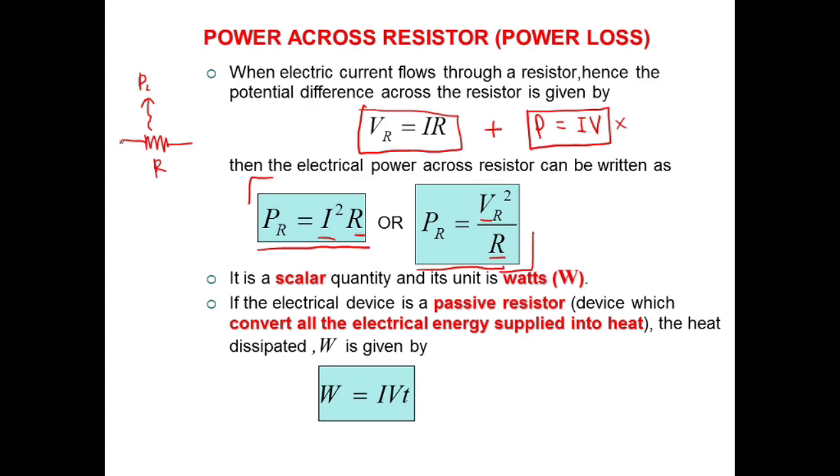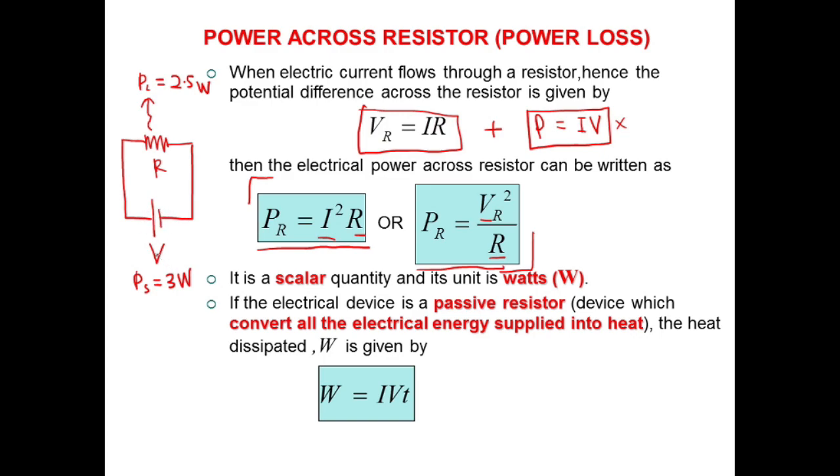So what is power loss itself? For example, if we have a battery connected to a resistor, the power supply from this battery may be 3 watts, but the power loss might be different, maybe 2.5 watts. They are different in terms of efficiency.